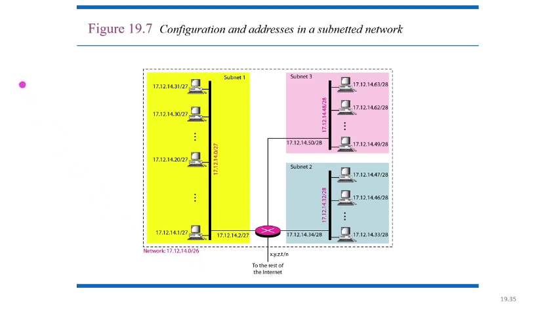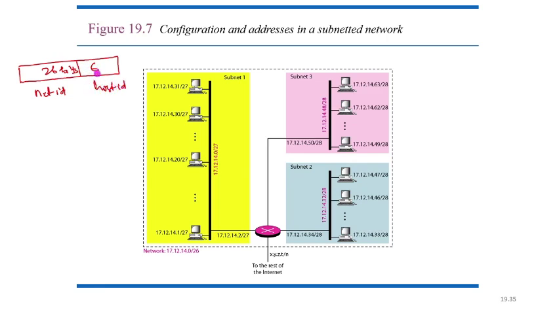So out of 32 bits, 26 bits are for the network ID, and the remaining 6 will be the host ID.